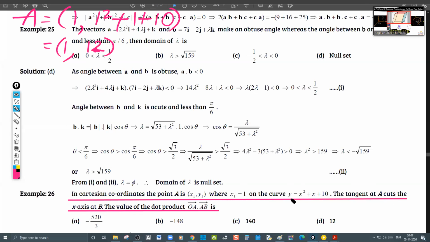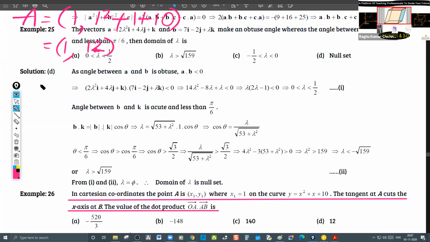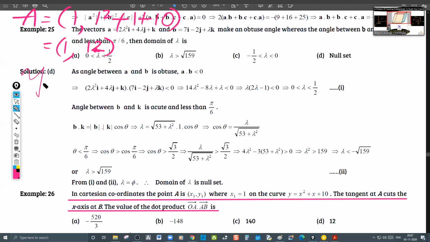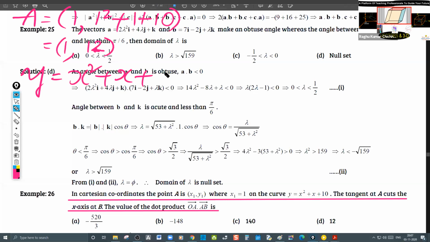So how to write the equation of the tangent first? What is the curve given? y equals x square plus x plus 10. So OA bar, we know. AB bar means you must know B. Then only you can write AB bar.